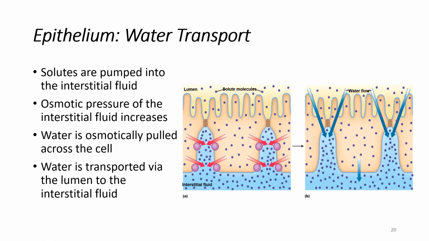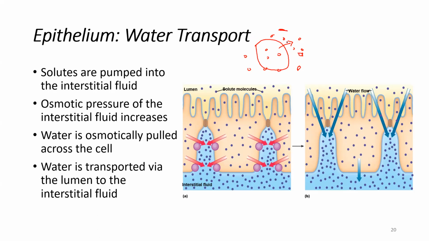If I've got a cell, and I've got higher solute concentration outside my cell, and fewer solutes dissolved inside my cell, I now have an osmotic pull being created in the solution that has more solutes. So there's an osmotic pull being exerted in the extracellular fluid.